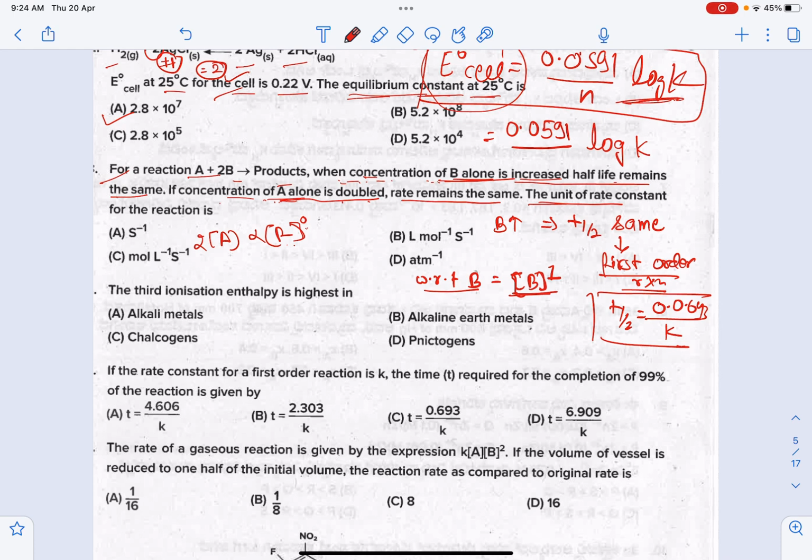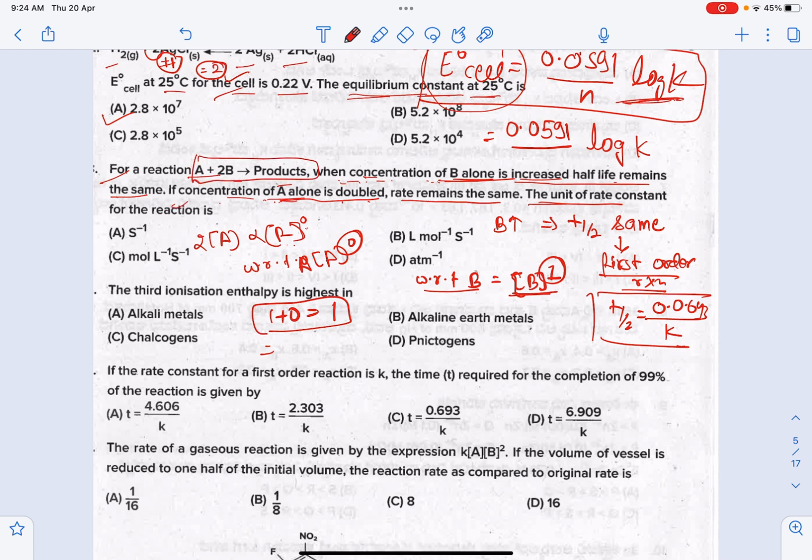So with respect to A it will be zero order. Adding them, 1 plus 0 equals 1. That means it is a first order reaction.